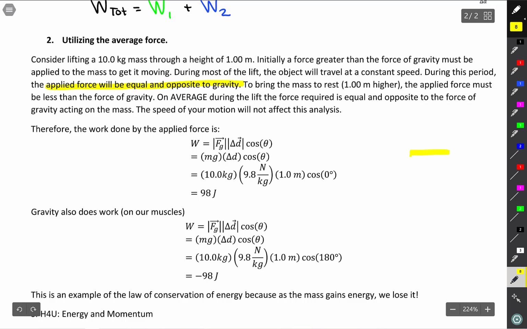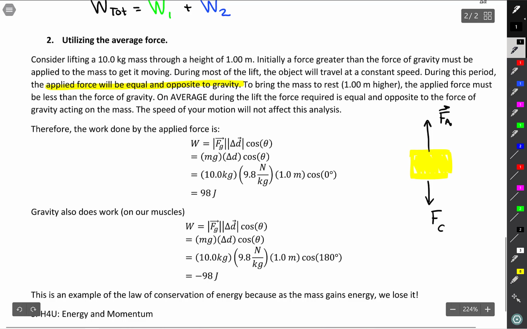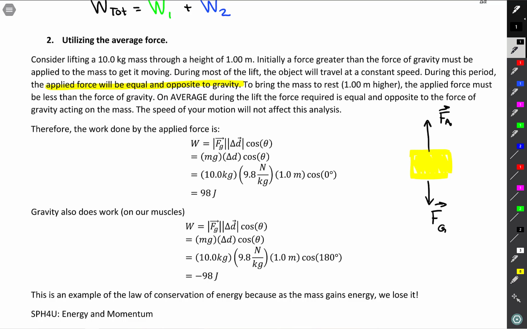So during that motion, I'll draw my box here, you have the applied force acting upwards, and you have your gravitational force acting downwards. Okay? So let's look at the work done by this applied force.